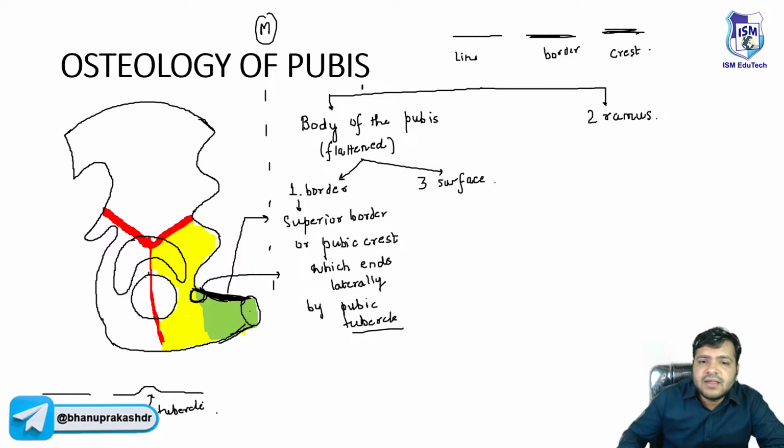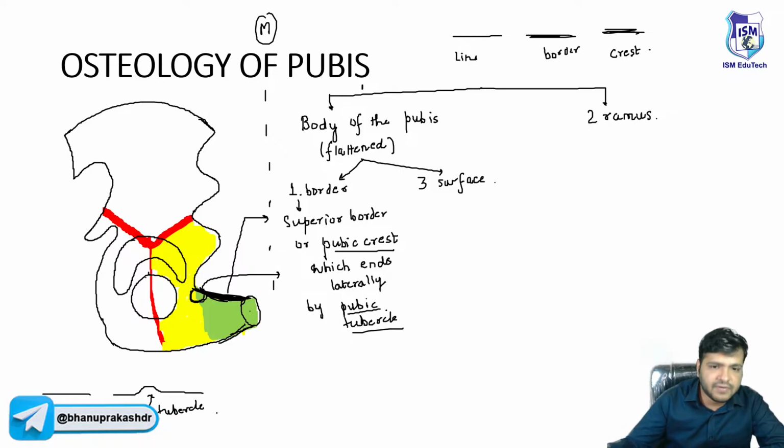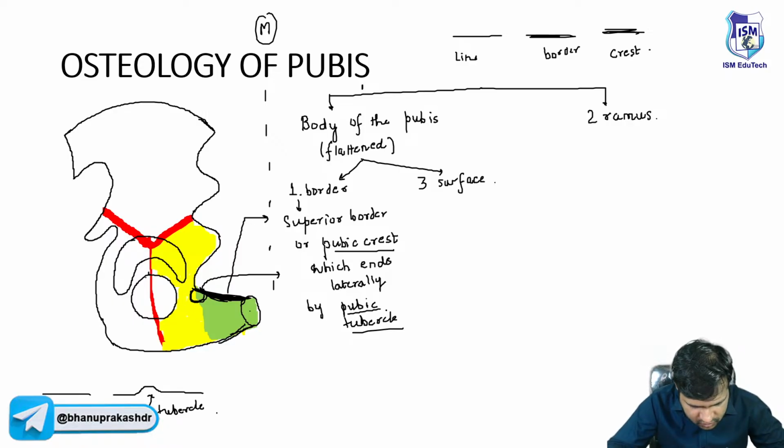तो प्यूबिक क्रेस्ट है, that is the superior border of the body of the pubis, and we have the pubic tubercle. Yes Harsh, very good beta. चलो ये क्लियर हो गया ना सब लोगों को, ठीक है. चलो very good Kiran, very good. What about rest beta, फटाफट से बाकी आंसर्स तो जल्दी से.